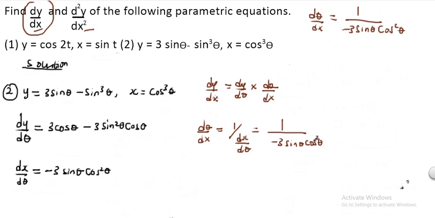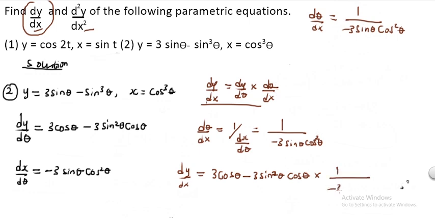From there, I can write my dy/dx from this equation as dy/dθ. Now dy/dθ is 3 cos θ minus 3 sin² θ cos θ. So I write it as 3 cos θ minus 3 sin² θ cos θ times my dθ/dx, which is 1 over minus 3 sin θ cos² θ.